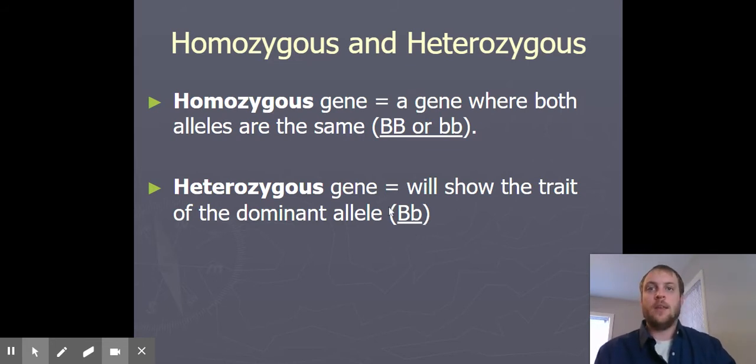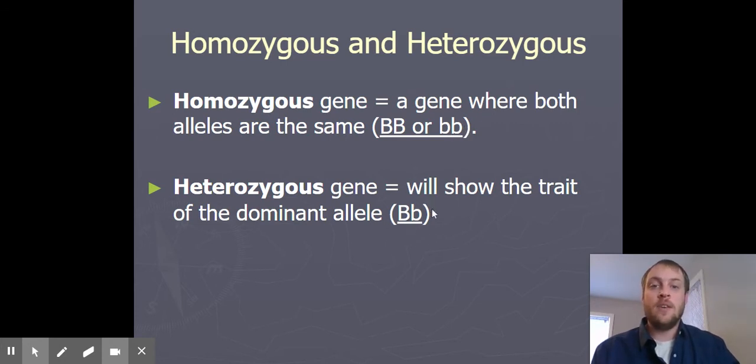And I'll repeat this throughout the next couple of weeks. Anytime you get a genotype, which is what we're looking at here, where there are two letters together, if there is a capital letter representing the dominant trait, the dominant allele, that's what we are going to see. So if you remember, we said capital B represents brown eyes, lowercase b would represent blue eyes.